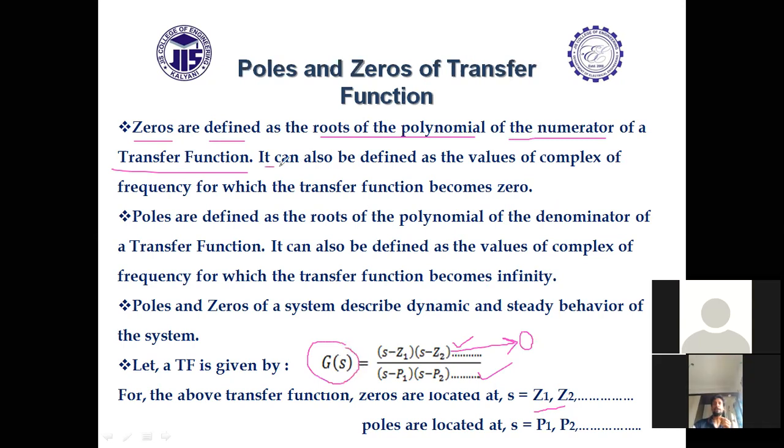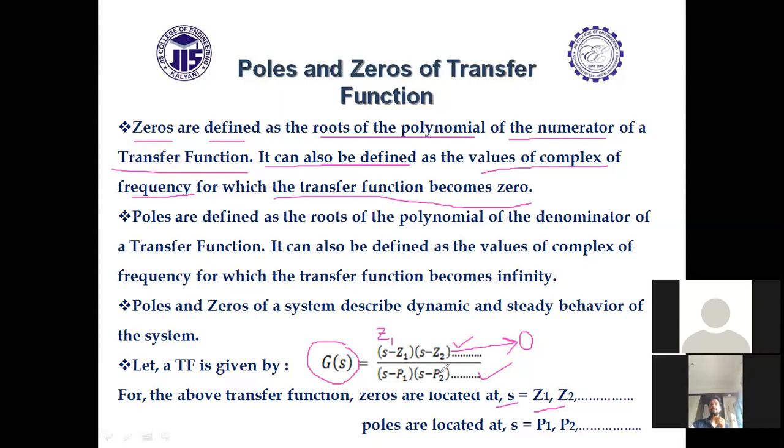That is why it can also be defined as the values of complex frequency, that is values of s, for which the transfer function becomes 0. If s equals z1, then this entire transfer function, with the factor s minus z1, is 0. So the entire transfer function will become 0.